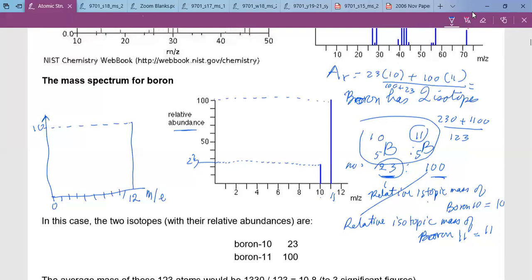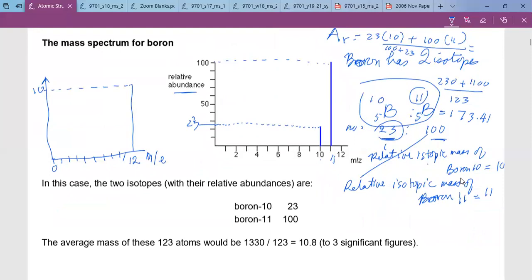1100 plus 230, divided by 123. Normally they ask you in two significant figures. Let's see what I got here.